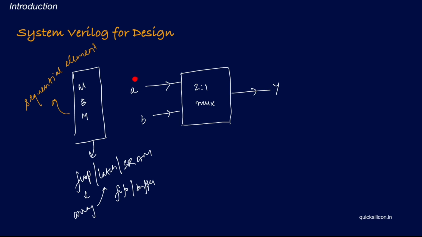Once you get the input from this sequential element, you would have some sort of logic sitting here to produce the desired output Y. Now, if you think about this output, it is nothing but a bunch of gates put together in order to generate the particular output.